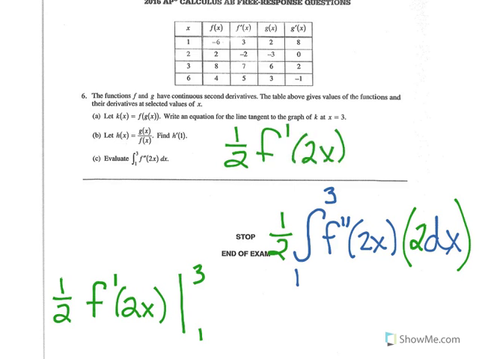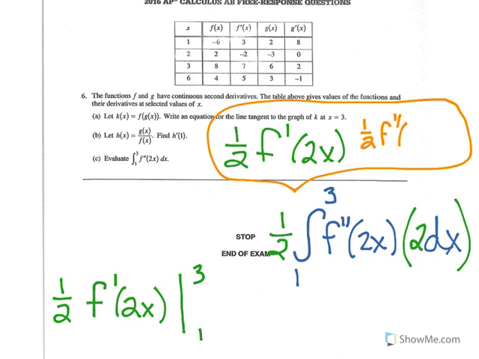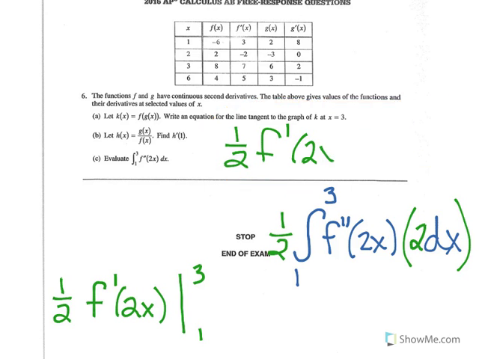I'll take its derivative to show you that I get back the right answer. What I'm doing right now you don't have to do. I'll mark that in orange. This is not part of the problem. The derivative of 1/2 f prime of 2x would be 1/2 times the derivative of the outside, f double prime of 2x, times the derivative of the inside, which is 2. These would cancel, and I get back what I started out with. Once again, not needed, just a little extra explanation to help out.